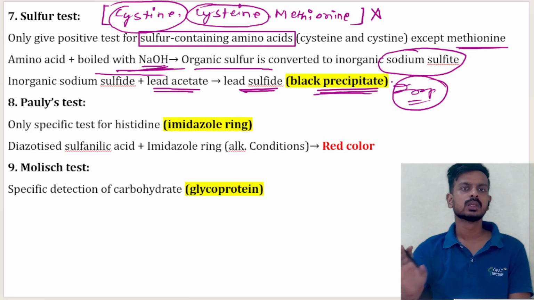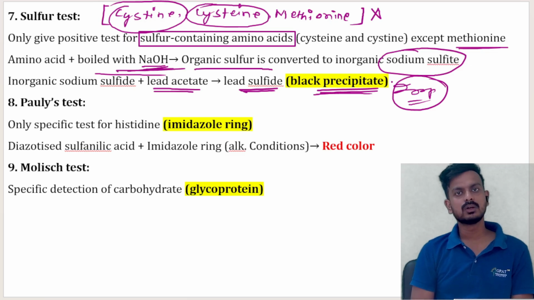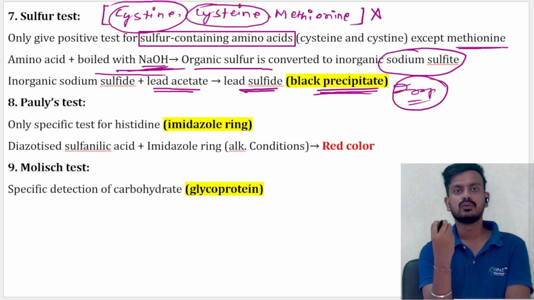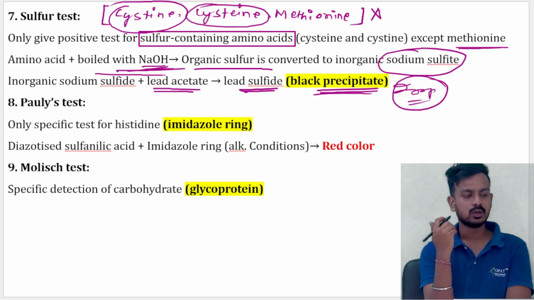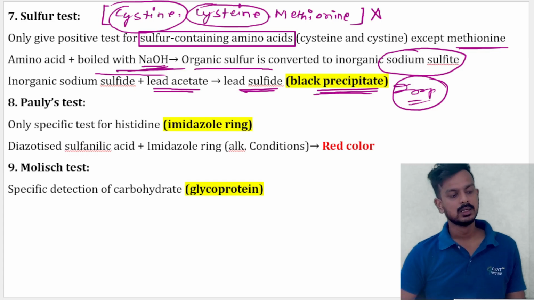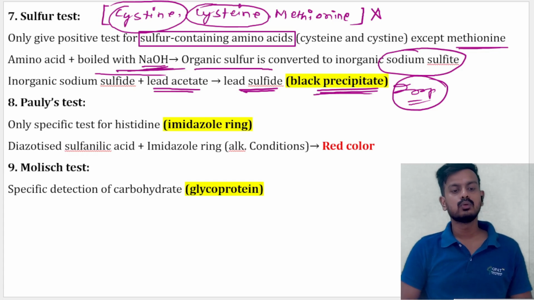I will explain it with a mnemonic so that you can remember the tests and their applications. Again, I am repeating that test. This sulfur test is for the detection of sulfur containing amino acids. There are two sulfur containing amino acids. One is cysteine, another one is methionine. Cysteine and cystine both have a sulfur atom.